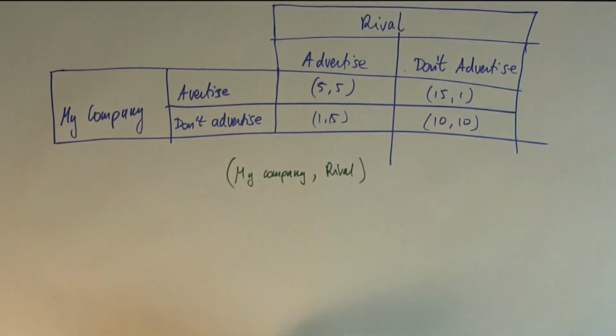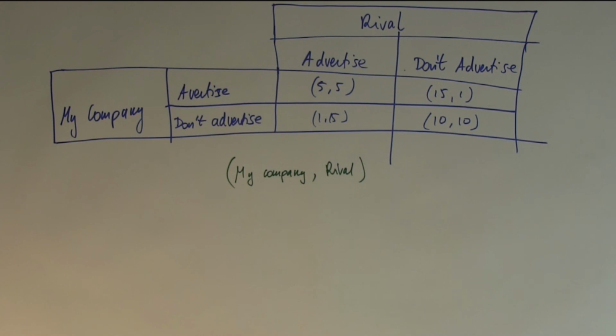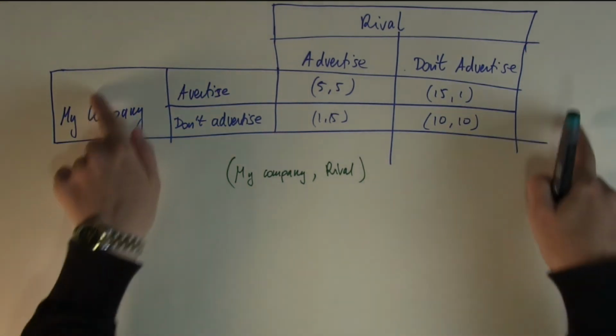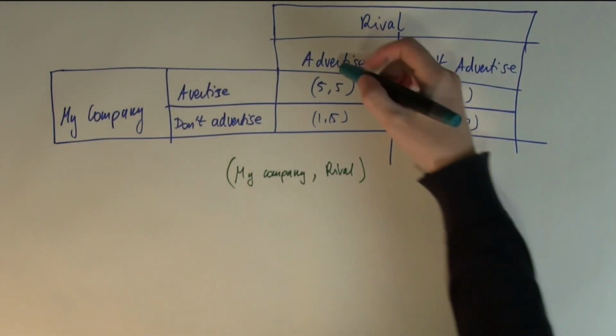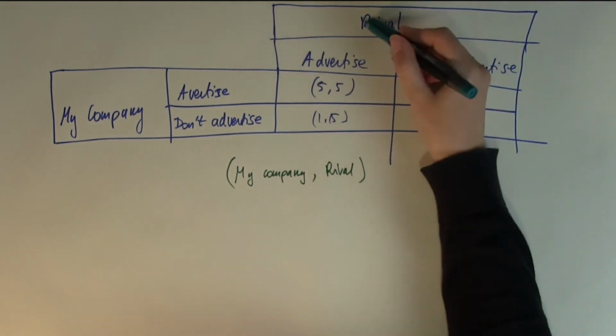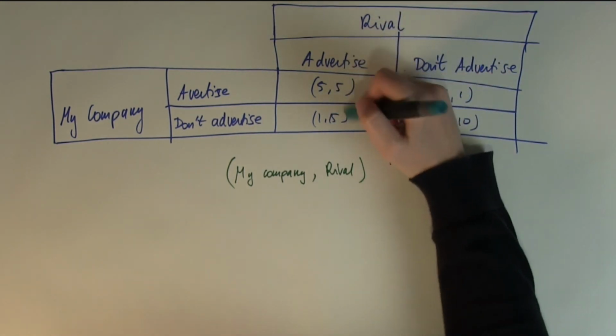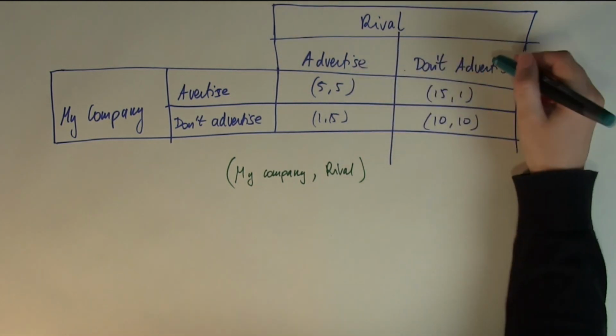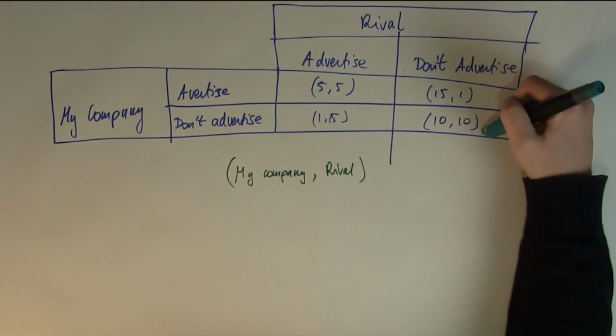Now, would this tactic be different if the rival were choosing? Would the rival go with something different? When you look at this table, the rival position is always the second. So the rival can either advertise, which would be these two scenarios, or not advertise, which would be these two scenarios.